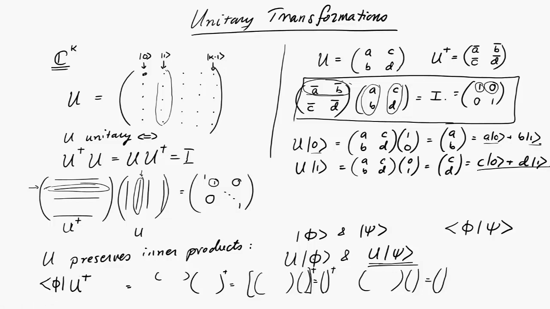Okay, so what's the inner product between these two? You take bra phi U dagger, and then this is already a ket, so you get U times psi. But U dagger times U is the identity, so these two are equal. So this tells you that U always preserves inner products. So it always preserves angles between vectors.